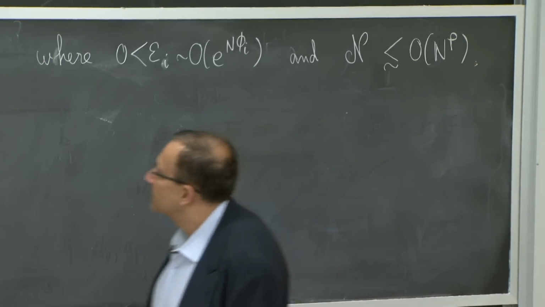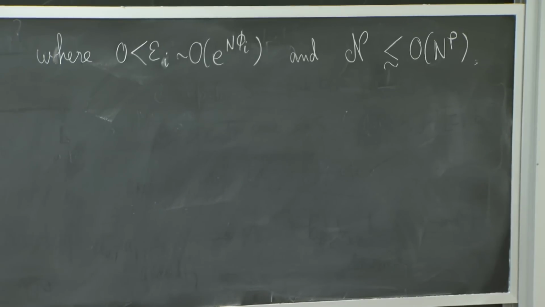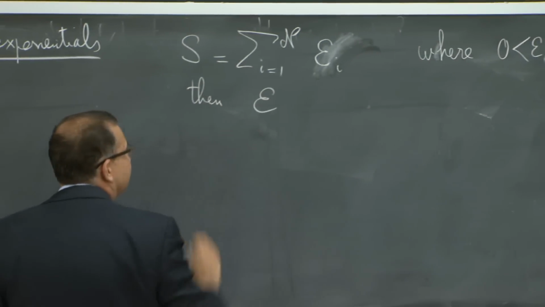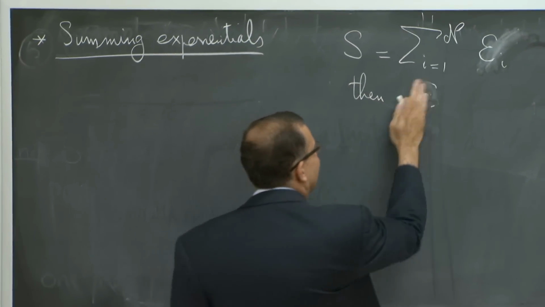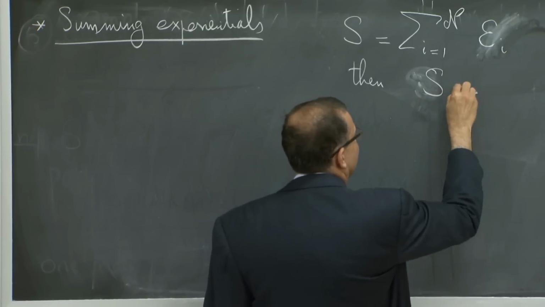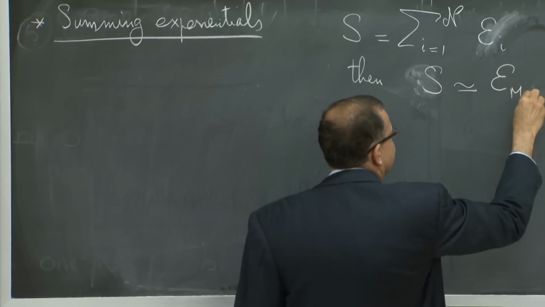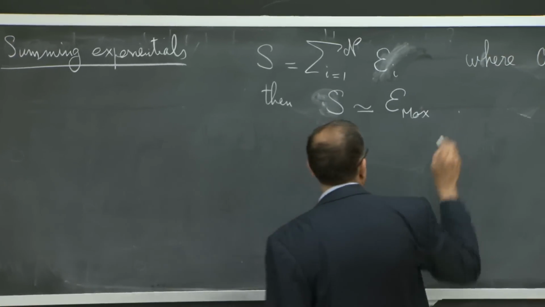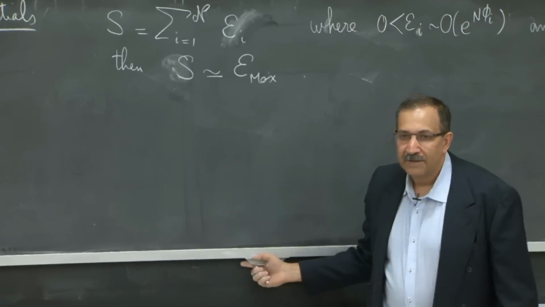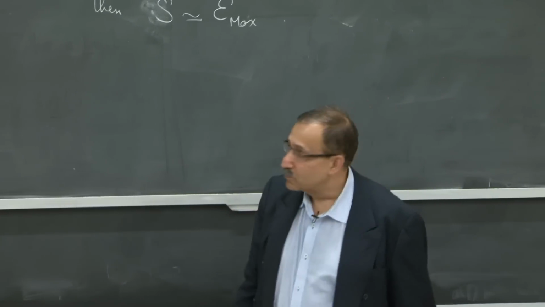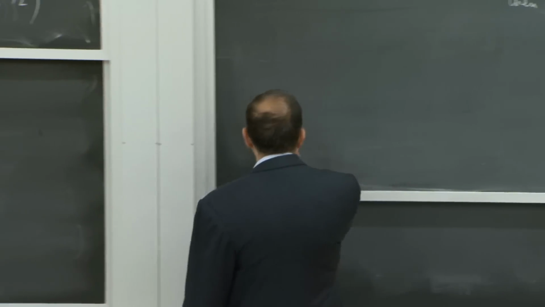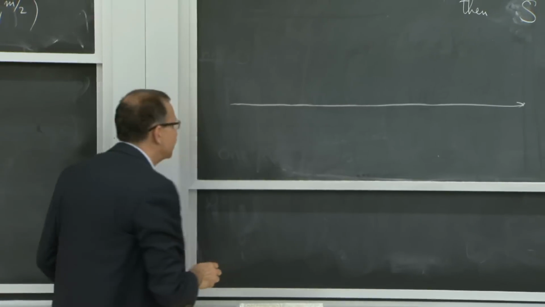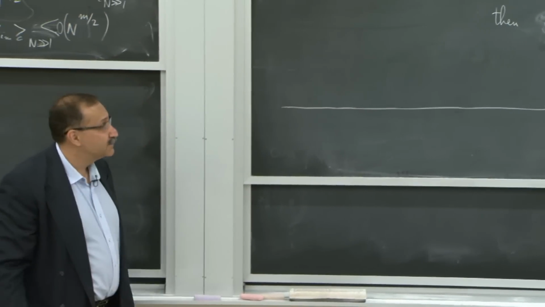Then my claim is that in some sense, the sum S is the largest term. Okay? So let's put this graphically. What I'm telling you is that we have a whole bunch of terms that are these epsilon i's.